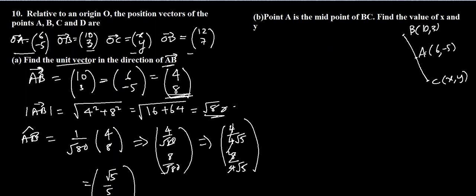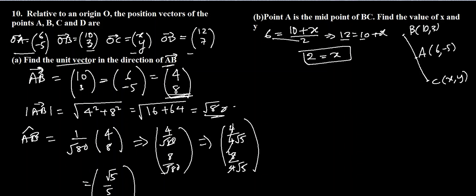We can see that A is the midpoint, so we know the formula for midpoint. The x coordinate is 6, which will be equal to the x coordinate of one end, which is 10, plus the x coordinate of the second end, which is x, divided by 2. Now we can simplify this equation. 6 times 2, cross multiply, will give us 12 equal to 10 plus x, and x equals 12 minus 10, 2.